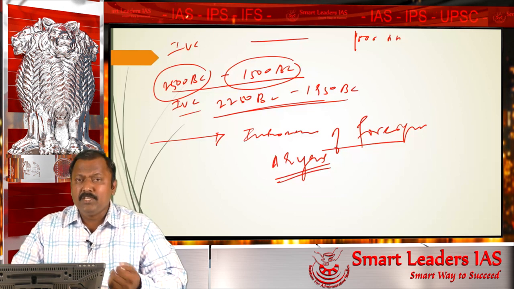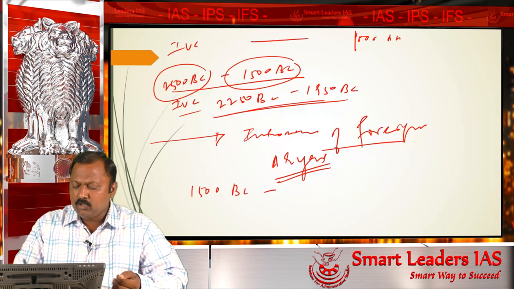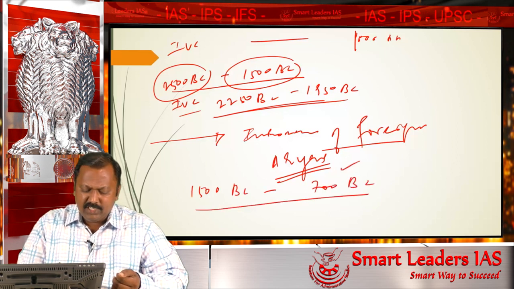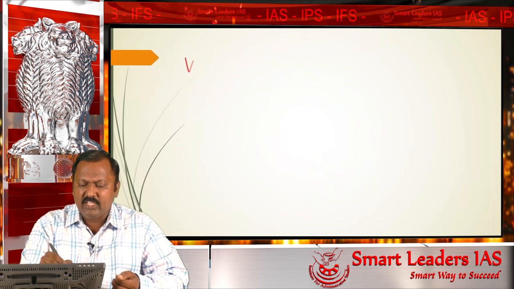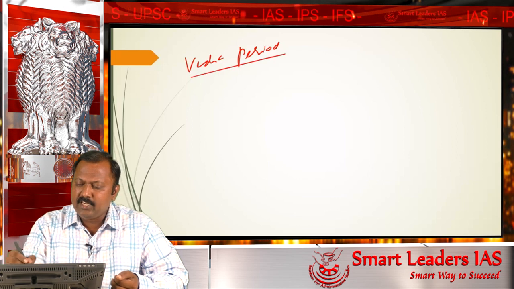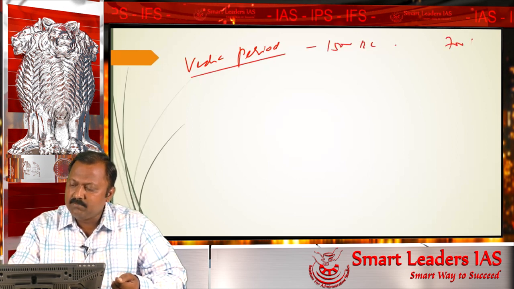So the Aryan period in Indian history can be traced to 1500 BC to approximately 700 BC. The Aryan period is simply called the Vedic period. And the Vedic period, as I said, is 1500 BC to 700 BC.